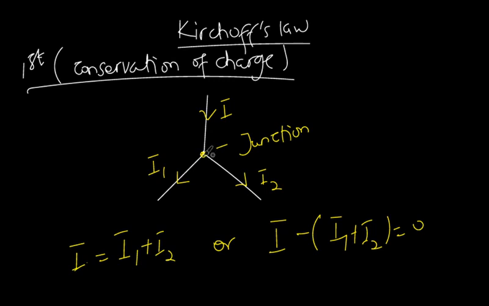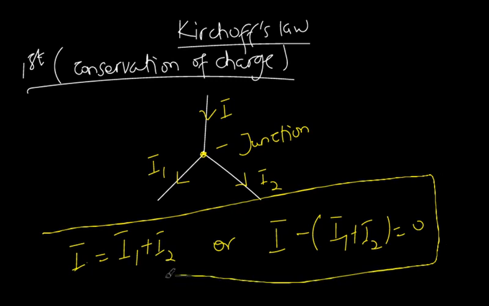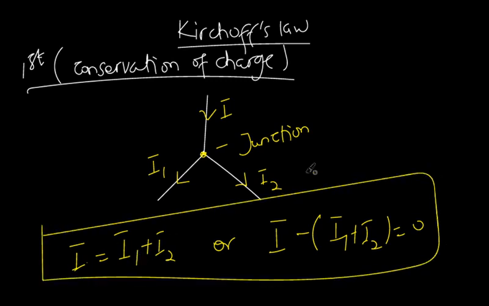So at this junction there is no net current, or the current arriving is equal to the sum of the currents leaving that particular junction. So this is what the first law of Kirchhoff is telling us, which is what we call the conservation of charge law.